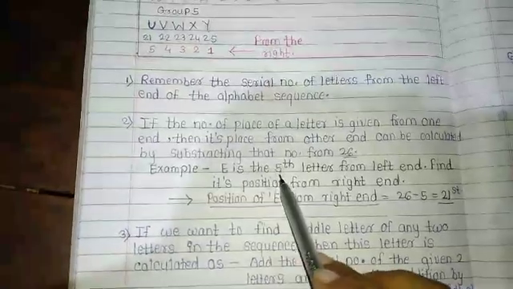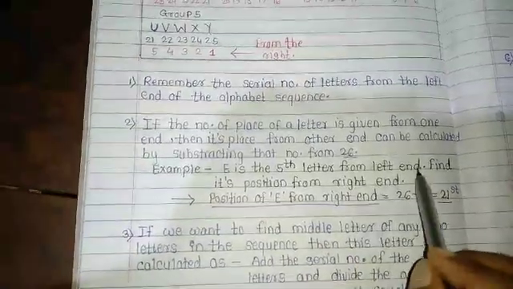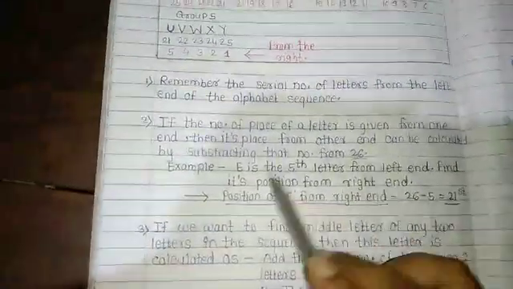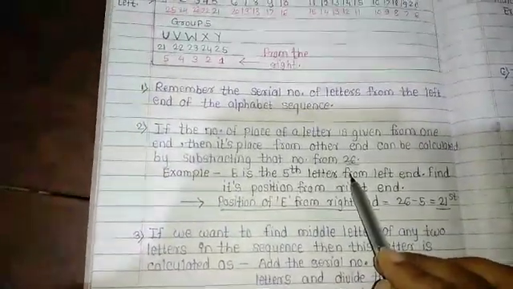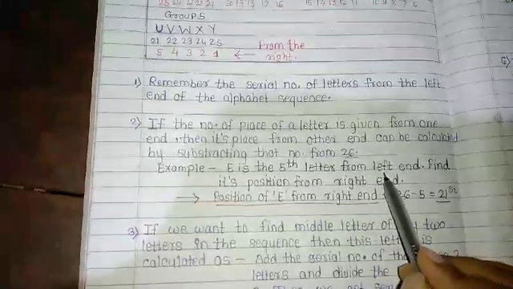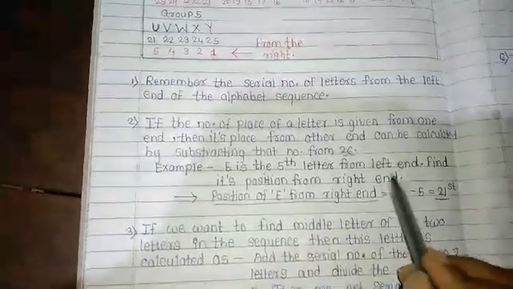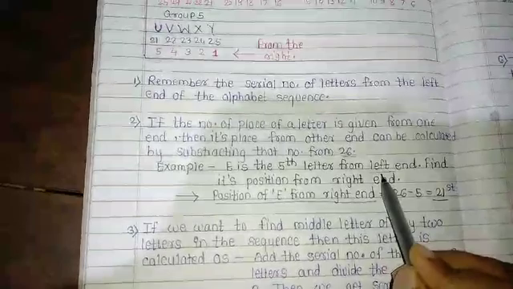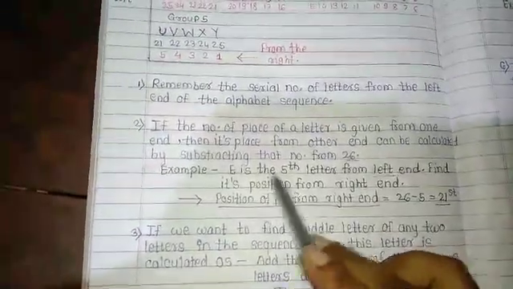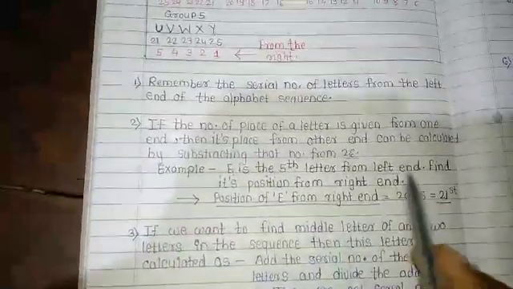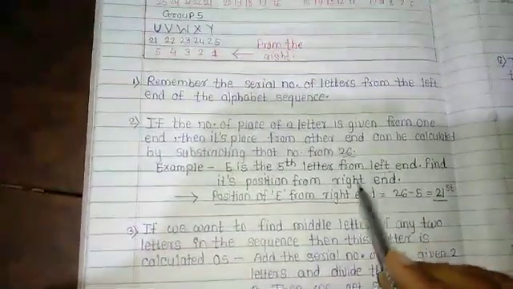For example, E is the fifth letter from the left end. Then find its position from the right end. Look at this question. They are giving you the position of a letter from one end, the left, and they ask you to count the position of the same letter E from the opposite end. Opposite of left is right.